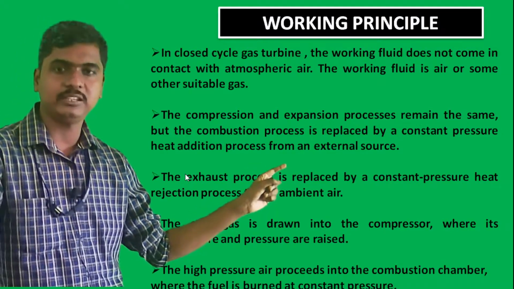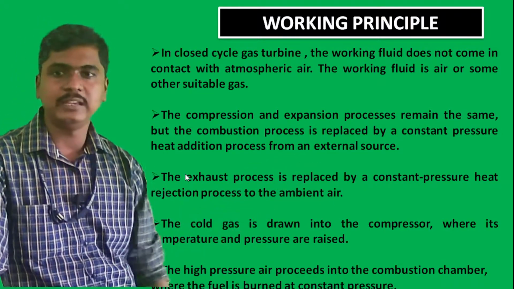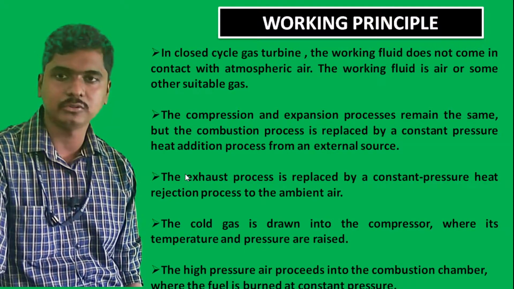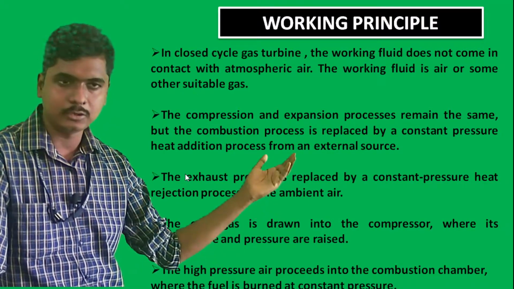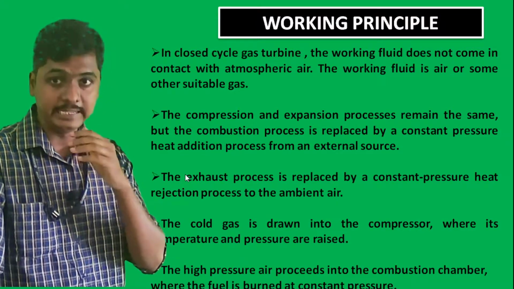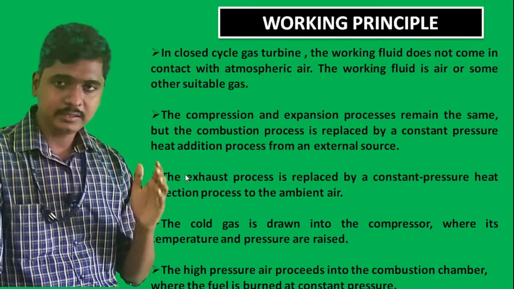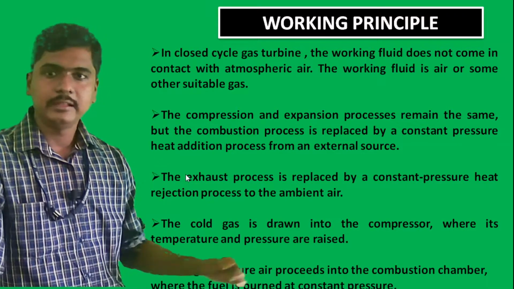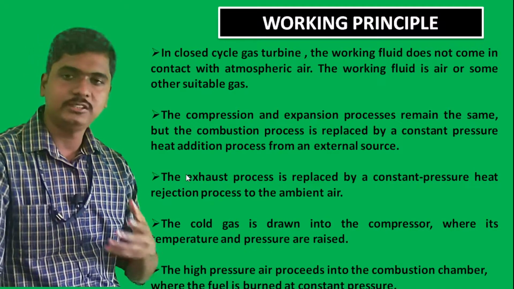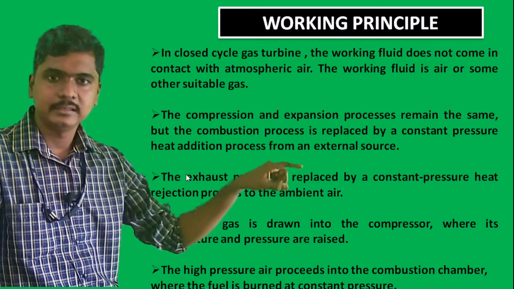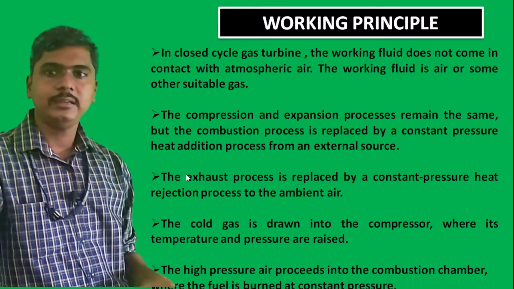But the combustion process is replaced by a constant pressure heat addition process from an external source. Like I told you, in a closed cycle gas turbine we use a heat exchanger in place of a combustion chamber.